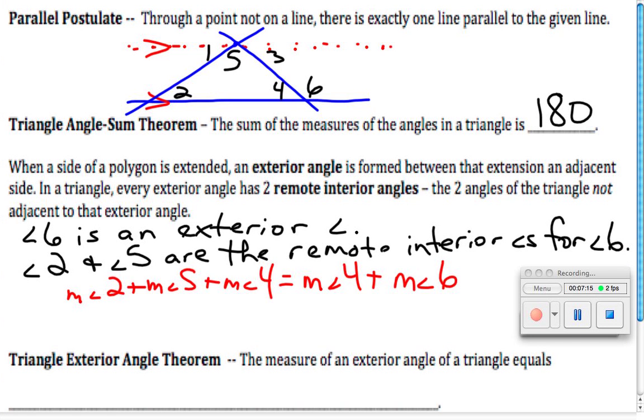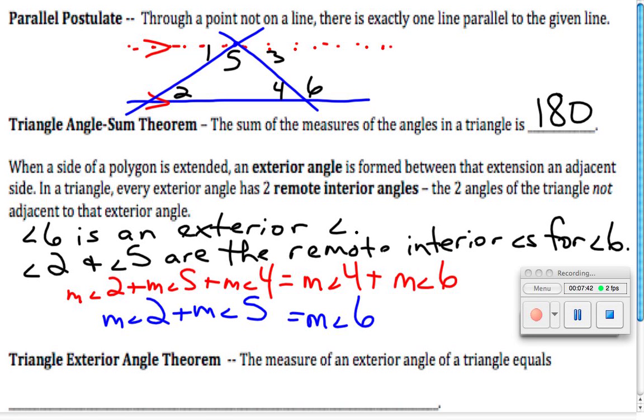Look at the equation I have up here. Do you notice anything that I can do to maybe clean it up a tiny bit? Zoe? You can subtract the angle 4. I could subtract away angle 4 and notice what we would have. We would have the fact that the measure of angle 6, the exterior angle, equals the measure of angle 2 plus the measure of angle 5, or its two remote interior angles.